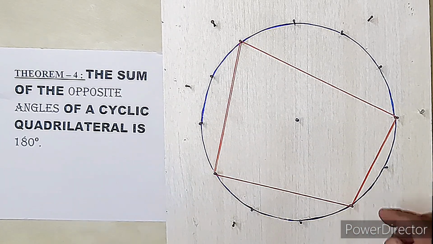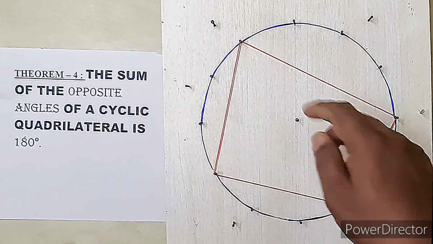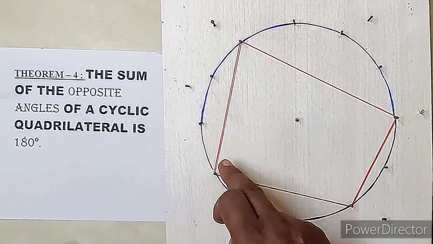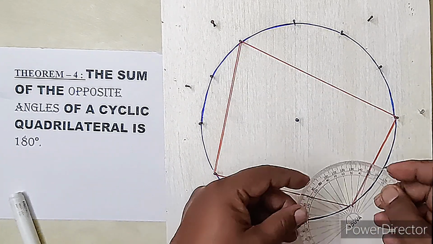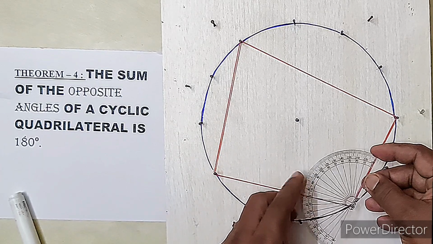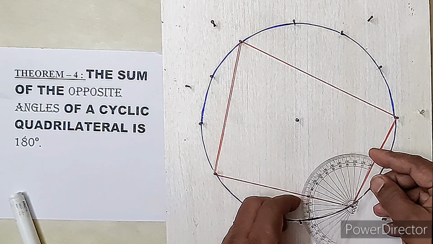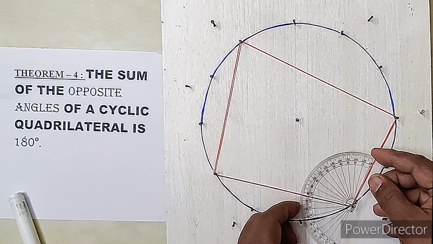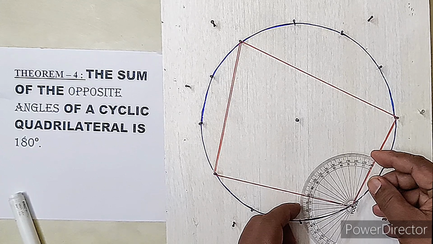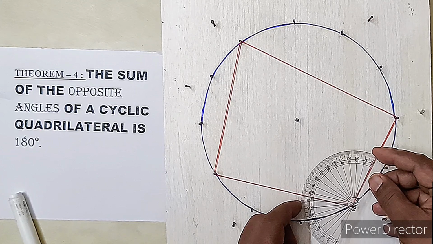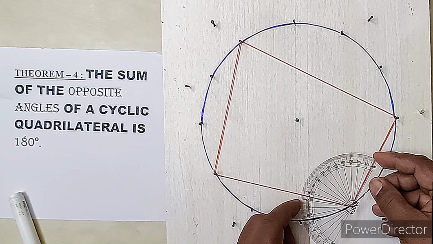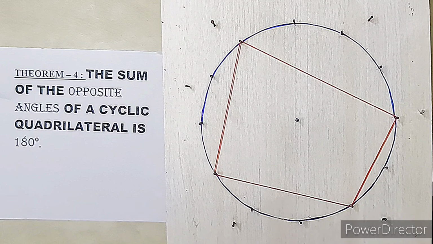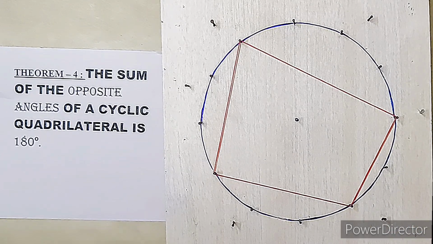So theorem says the opposite angles, if I take this angle, the opposite one will be here. And if I take this one, opposite one will be here. So let us measure what angle we are getting with this quadrilateral. So what I find here, it is coming as 110 degree over here. This is coming as 110 degree.